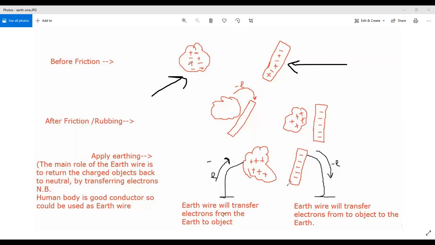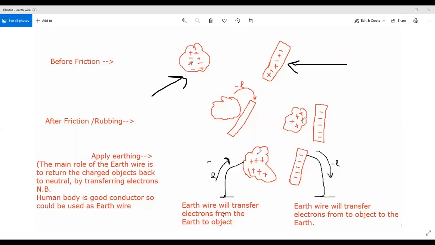And with that, the positive charges inside the substance will become equal to the negative charges, and it will return to neutrality. What happens in our example is that the cleaner was using this piece of cloth. If it is positively charged, then because our body is a good conductor, the electrons will transfer through the cleaner's body towards the piece of cloth.